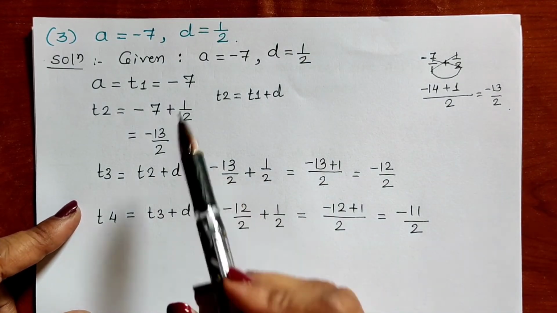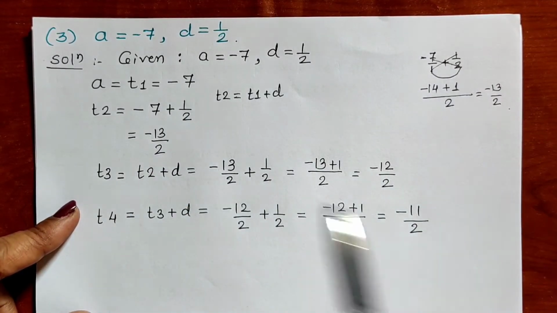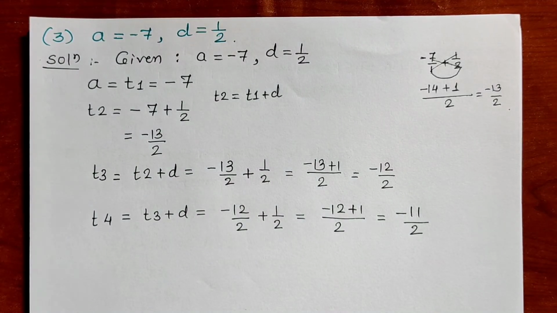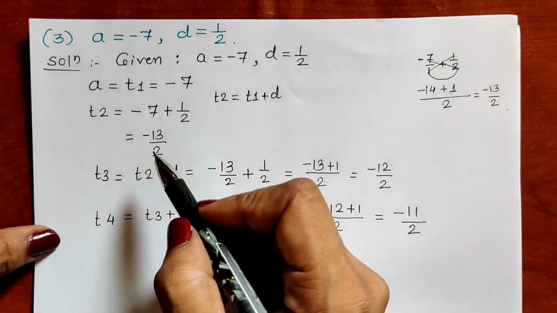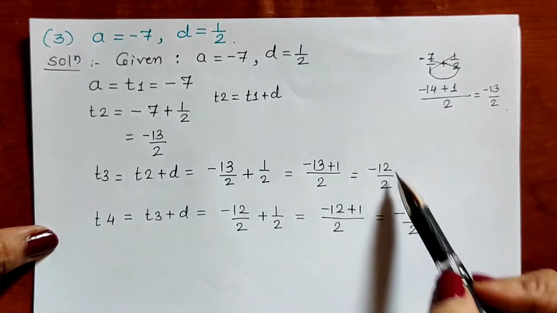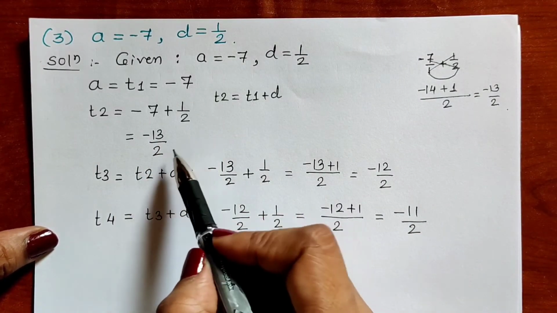So in this way we have got second, third and fourth term. First term is given to us. So let us write the AP. See children, this AP you can write by using these fractions also, or we can convert these fractions into decimal form also.